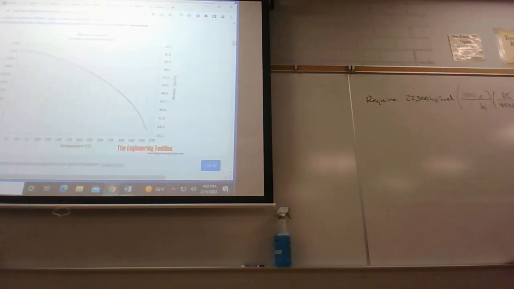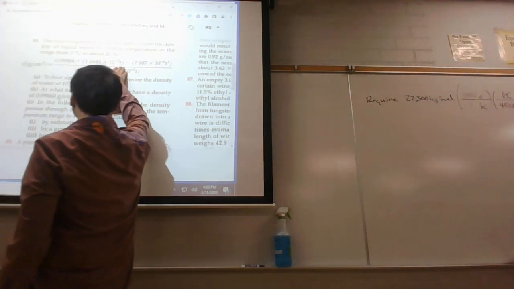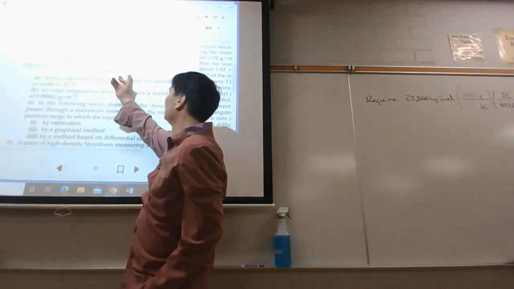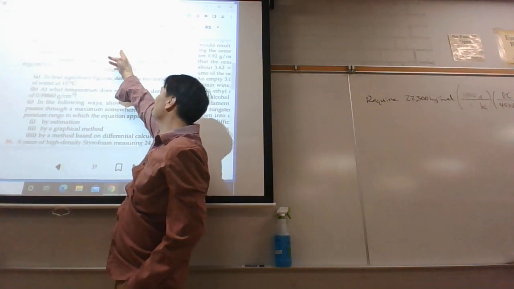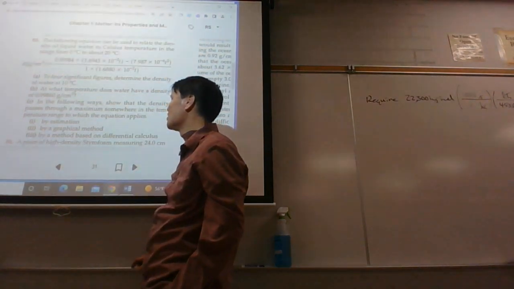And so all we do is we figure out the equation for this curve, and that's this. So this is the equation for the parabola. It's a little weird because they're using the Celsius temperature rather than the Kelvin temperature. If they used the Kelvin temperature, it would be a bit cleaner.